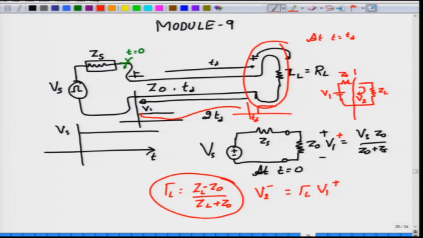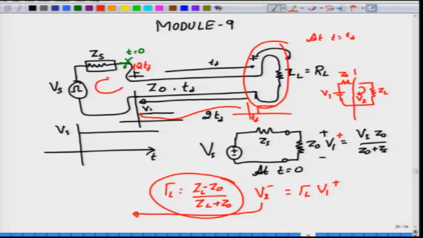This propagates back and reaches the source end at t equal to 2 Td. At t equal to 2 Td, you can simply think of the source as a load now, and that would generate another reflected voltage, which we will call V3 plus. V3 plus will be equal to gamma S, or gamma G, it does not matter which one you use, times V2 minus.